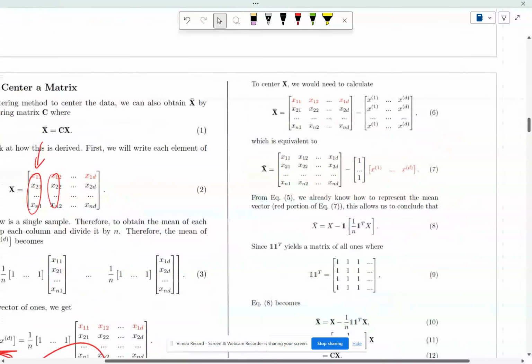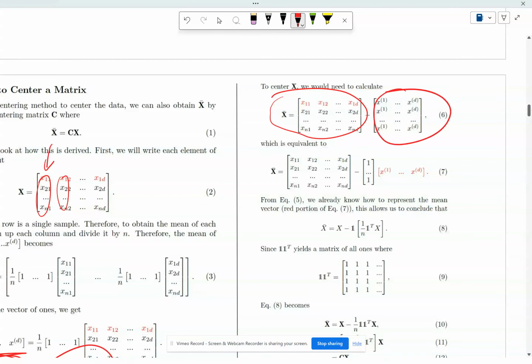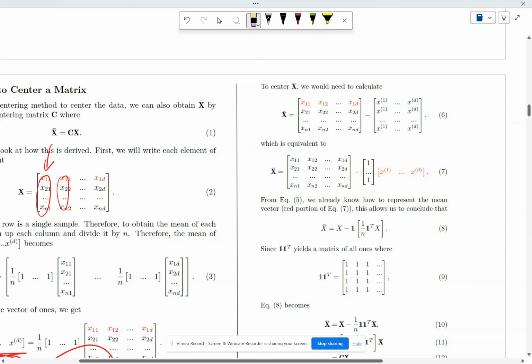If we want to center this, we have to subtract the average for every single row. Now, this right here is repetition. So you're copying the center, the average values for every single row. And you can mimic this copying this way.